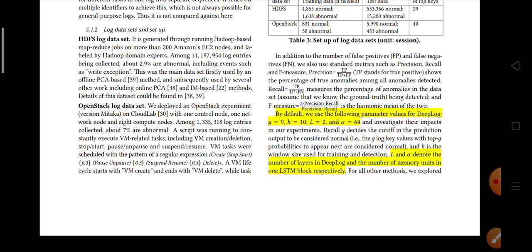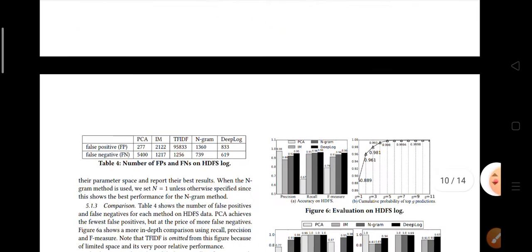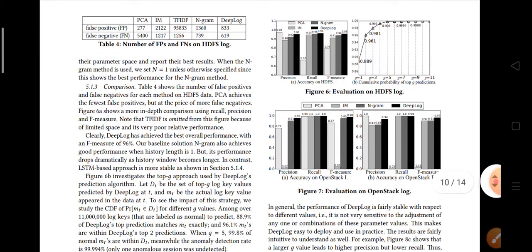G means how many key value suggestions you will get after prediction. H is the window size of the log sequence. L is the number of LSTM layers, and alpha is the number of memory units in the LSTM. These are the parameters they got for best performance.